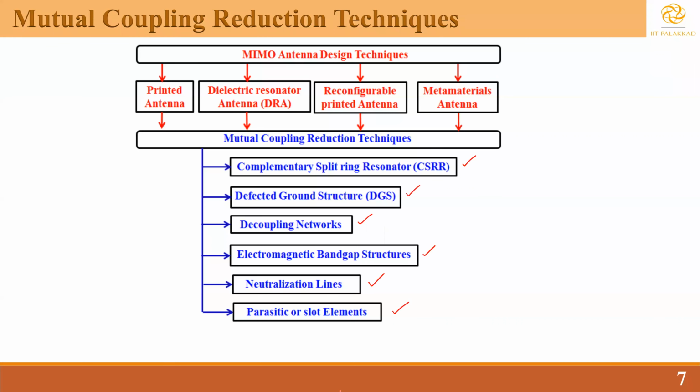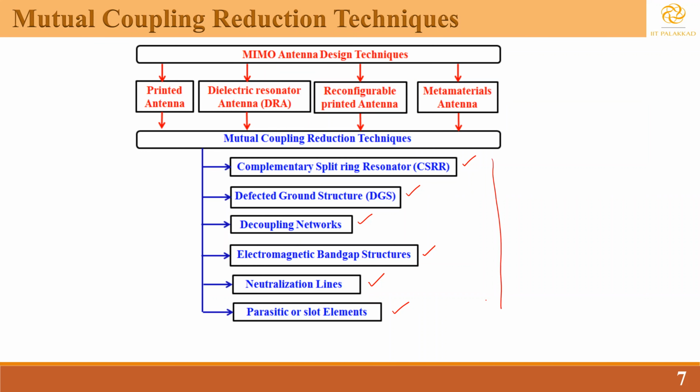Now, coming back to the actual flow of this talk: first, you know why there is a requirement for MIMO communications. Second, you know why we have to reduce the mutual coupling effect in antennas. If you are convinced of this, then what are the different techniques for mutual coupling reduction? These are the different techniques.